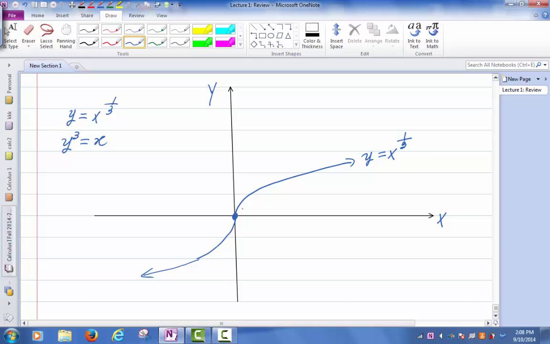One thing I want you to realize is, remember the graph of x cubed. What is the slope of the tangent at 0? The slope of the tangent at 0 for the x cubed function is 0. Now what is the tangent here at 0?